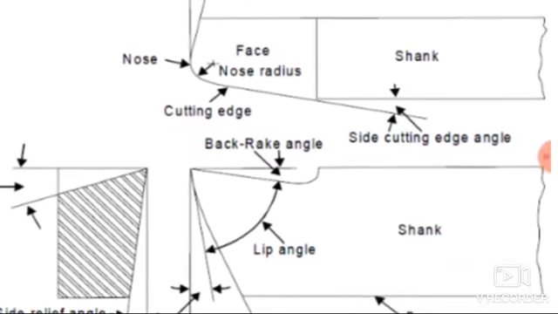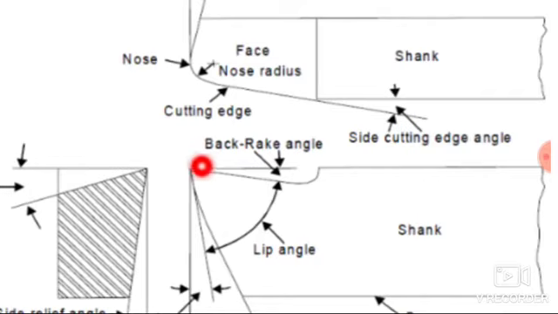Here you have to carefully understand the back rake angle. The back rake angle is the angle made by the face of the cutting tool with a line parallel to the base of the cutting tool, measured in a plane perpendicular to the base and passing through the side cutting edge. Now if this face is inclined downward, then that angle is known as positive rake angle.